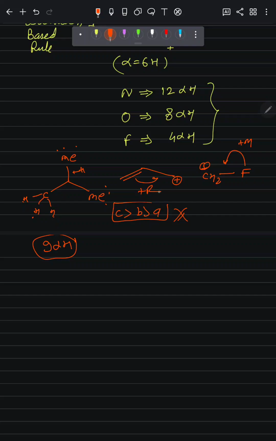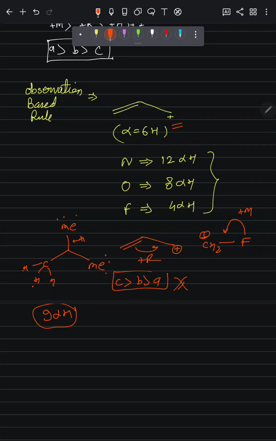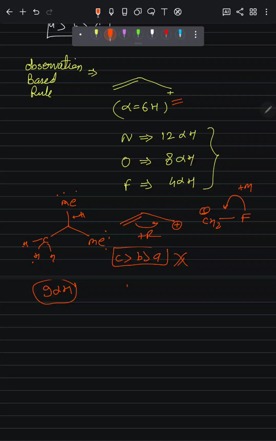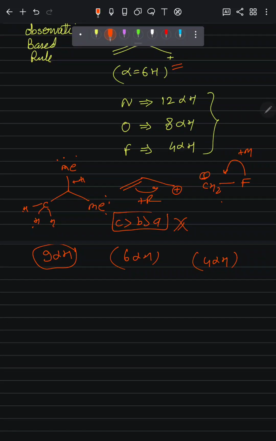And in this molecule, as we discussed here, the alpha hydrogen count is 6, and in this molecule a fluorine is attached, so the alpha hydrogen count here will be 4. So the stability of carbocation is directly proportional to the number of alpha hydrogen present, so it will be A, then B, then C.